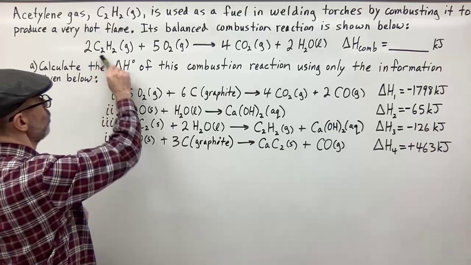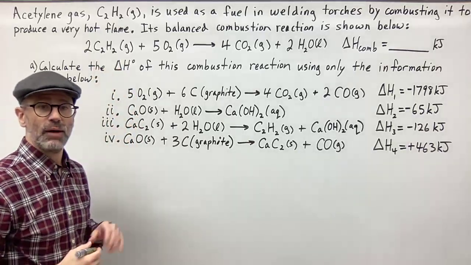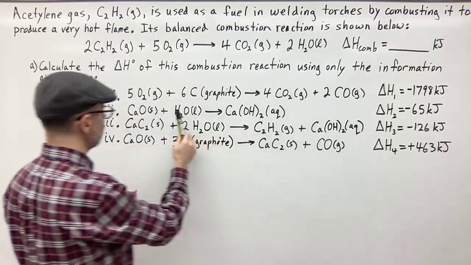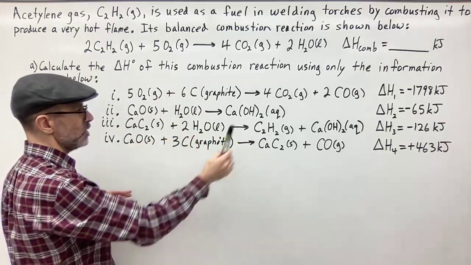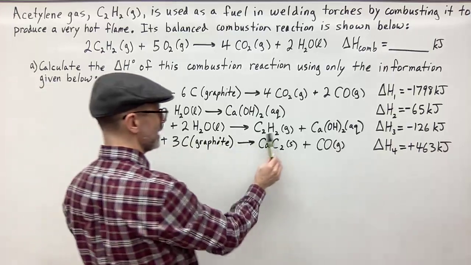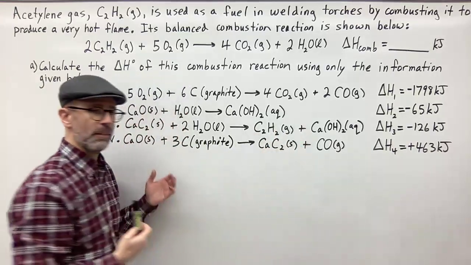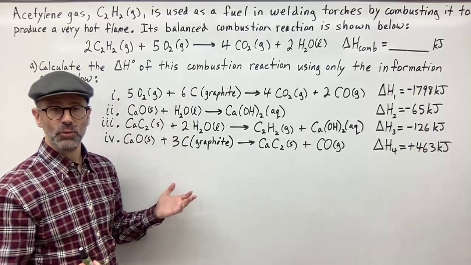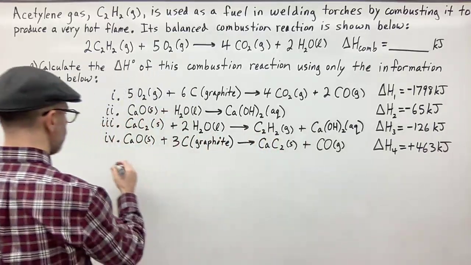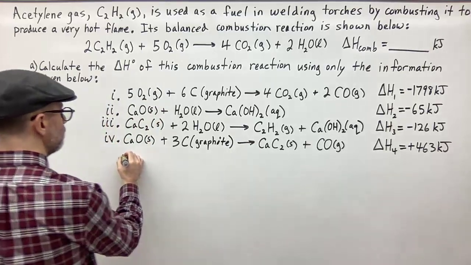I have 2 moles of acetylene, so I want 2 moles of acetylene here. Where do I find acetylene? In equation number 3, we have acetylene gas as a product, but we don't want it as a product. We want it as a reactant. So we're going to have to flip this one.